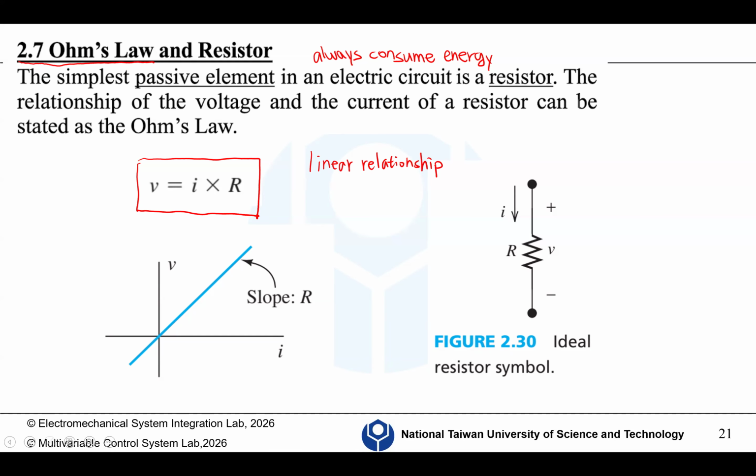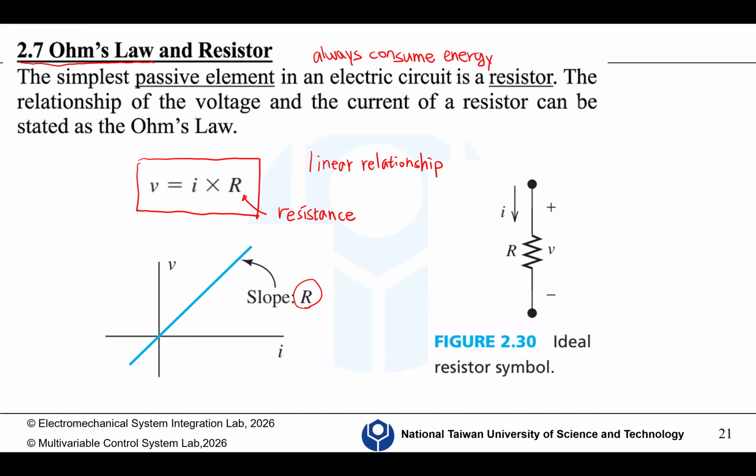If you draw the relationship on an IV plot, with current I as the horizontal axis and voltage V as the vertical axis, you will draw a line, and the slope is R, the resistance. So we say R is the resistance of a resistor.